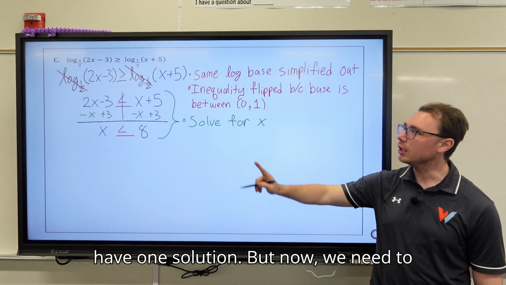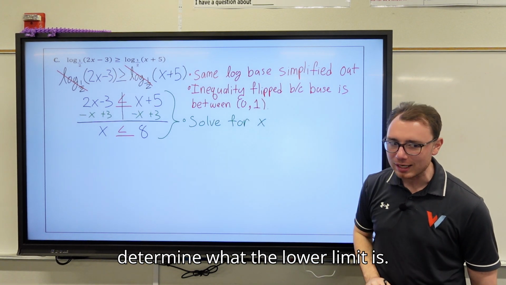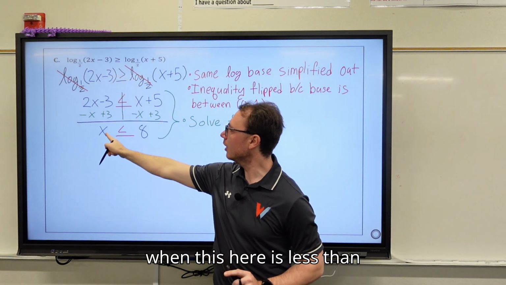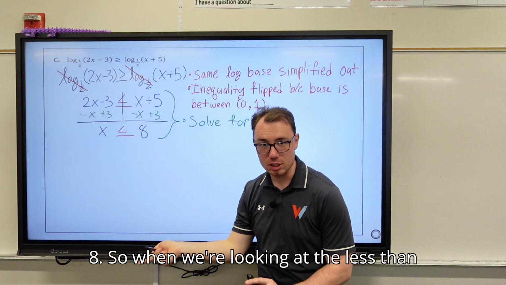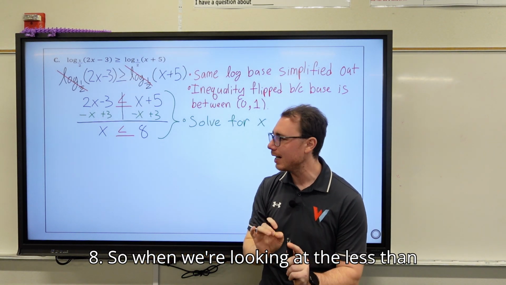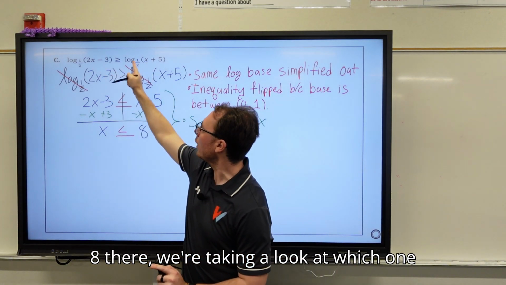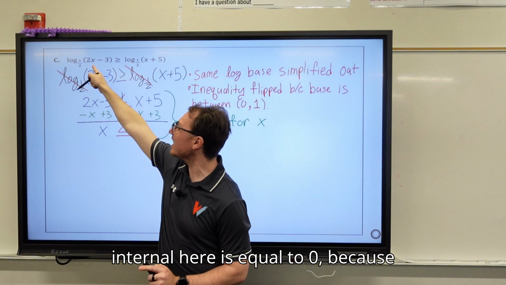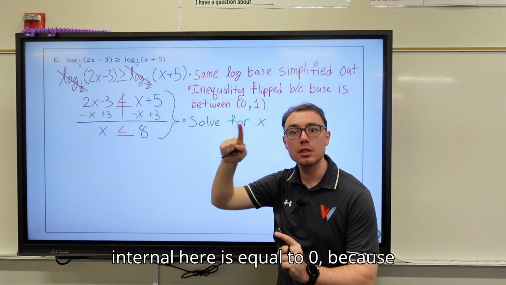But now we need to determine what the lower limit is. For the lower limit, we want to look at when this here is less than 8. So when we're looking at the less than 8, we're taking a look at which one of these internals we need to solve for. And it's going to be when this internal here is equal to 0.